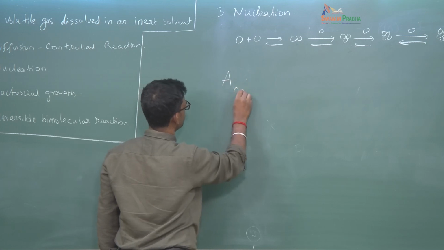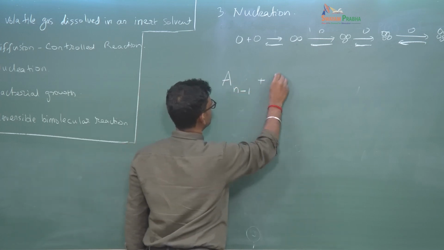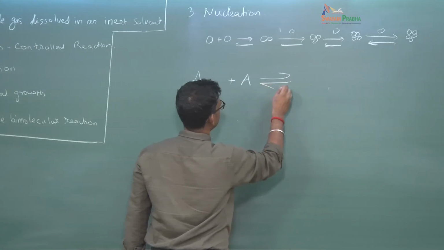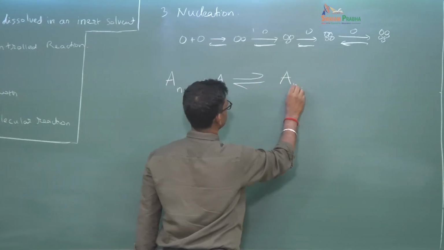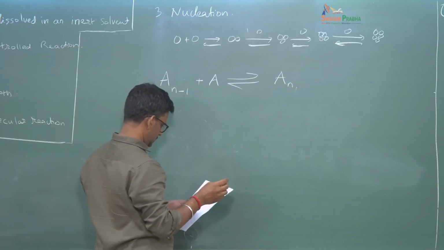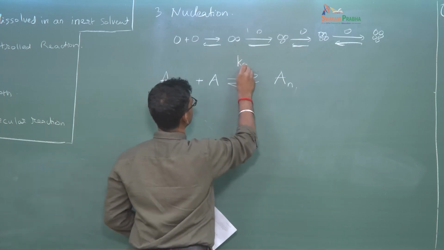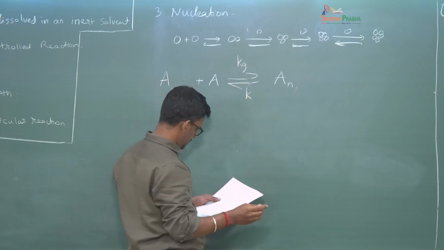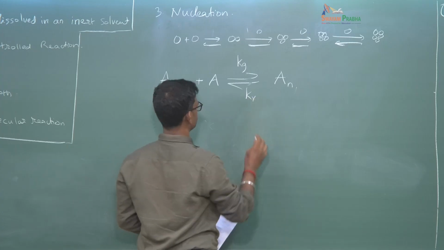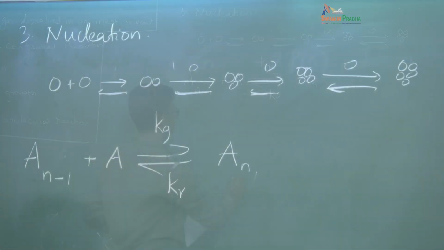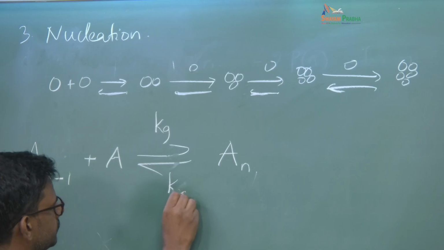We say A_{n-1} combines with A and becomes A_n. So here I have K_g and K_r, or maybe K_d.